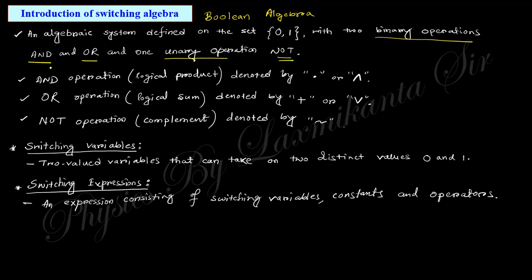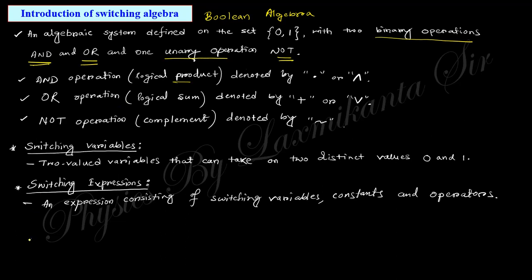AND means the product, denoted by a dot or this symbol. OR means the sum, denoted by plus or this symbol, and NOT means complement, denoted by this symbol. These are the three basic operations in Boolean algebra.